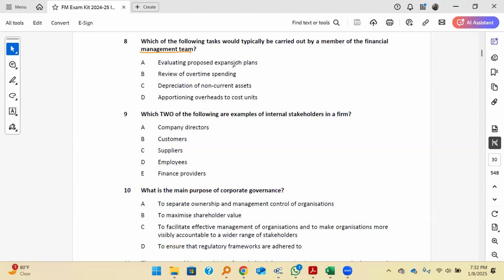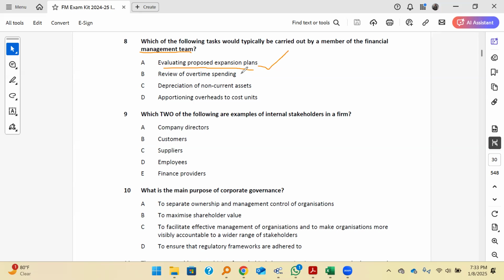So evaluating proposed expansion plans, this seems like they fit, because expansion plans are to do with investment decisions. Should I expand to maybe another country, or should I acquire another company and merge? And of course, we can look at the other points to exclude them.